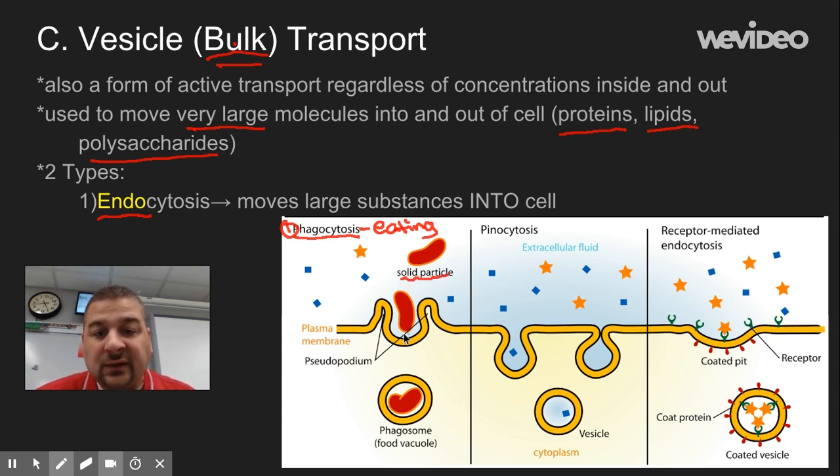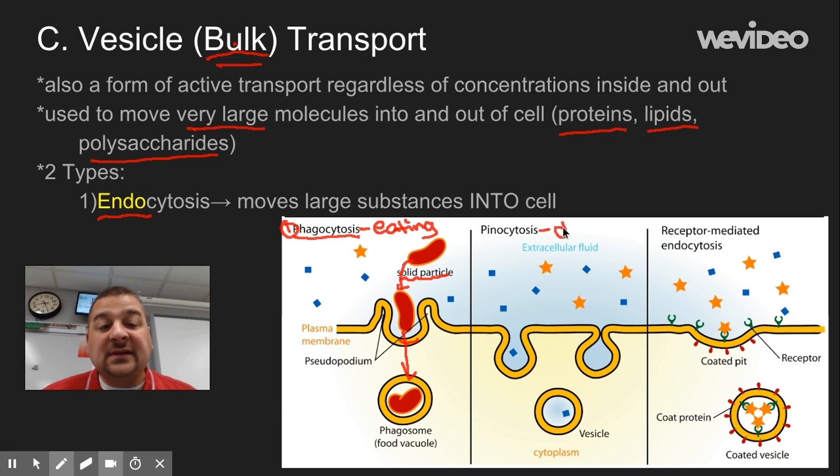Here, like when one cell, like an amoeba, will engulf maybe a little bacterium, and it's going to ingest that as food. Now notice that the cell membrane kind of pinches in and surrounds that little bacterium and makes a little food vacuole. So phagocytosis is cell eating really big solid particles.